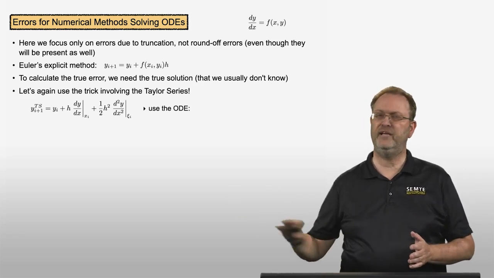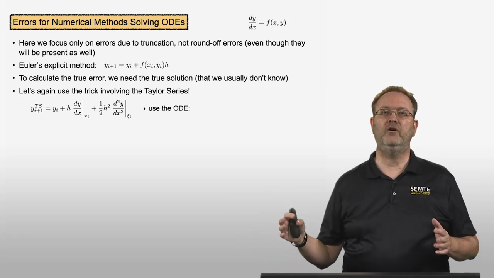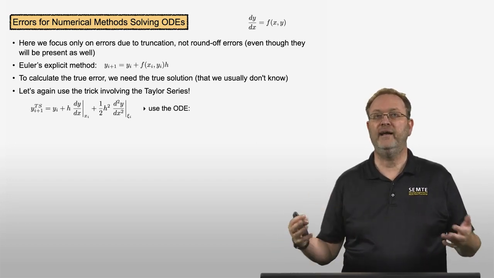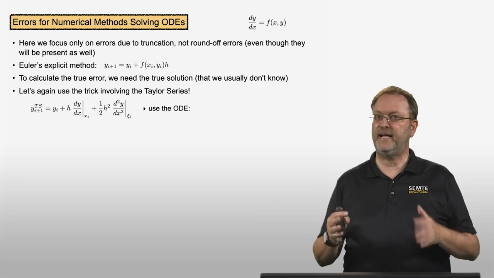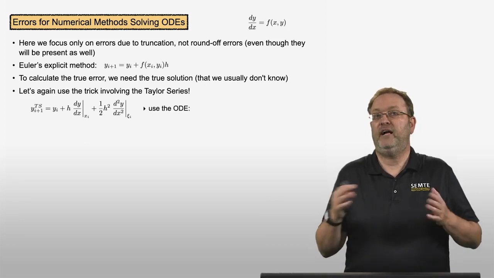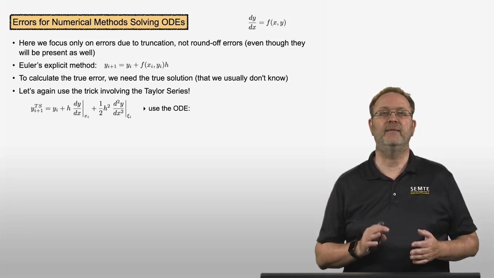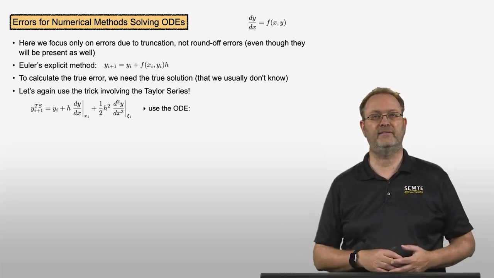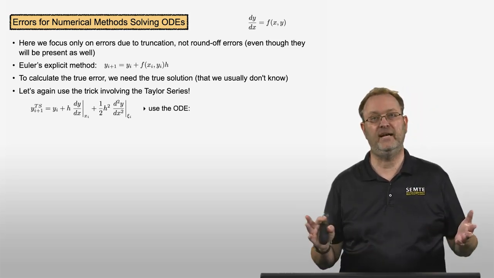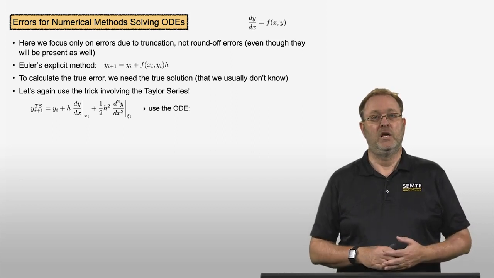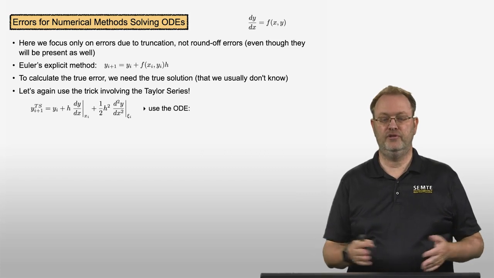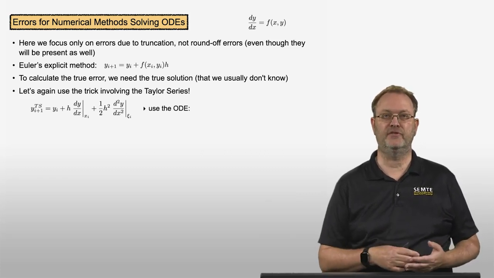And now these infinitely many terms will be combined using Taylor's theorem to the term 1/2 h squared times the second derivative, not evaluated at x_i, but at some unknown location between x_i and x_{i+1}. That's Taylor's theorem. So I'm just expressing the true solution by this Taylor series.